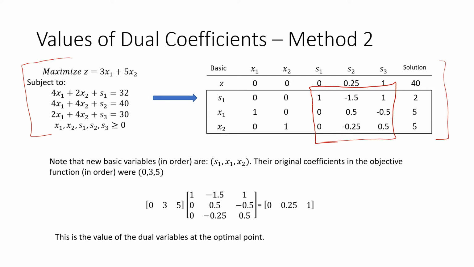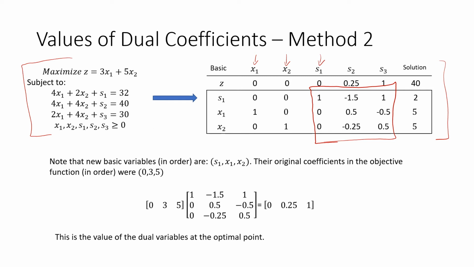Note that S1, S2, and S3 were our original basic variables. We used those to get our inverse matrix. But after 2 iterations, they aren't our basic variables anymore. We have different basic variables. What are the new basic variables? X1, X2, and S1.